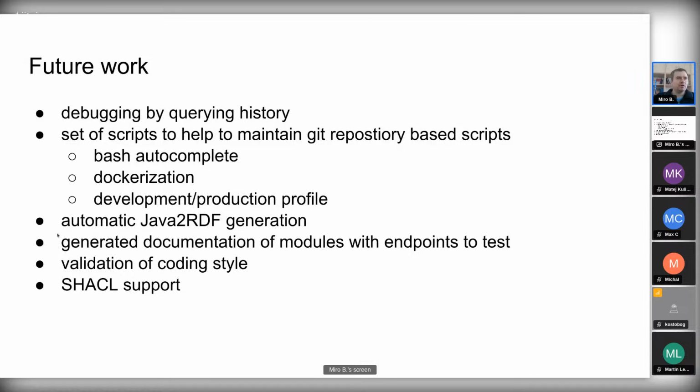Another long-term goal is to generate documentation of modules in HTML and have some endpoints to test each module. There would be scenarios of how to use it, and you could execute them on an HTML page. Then to provide some validation of coding style, how you are creating those scripts, and then SHACL support.